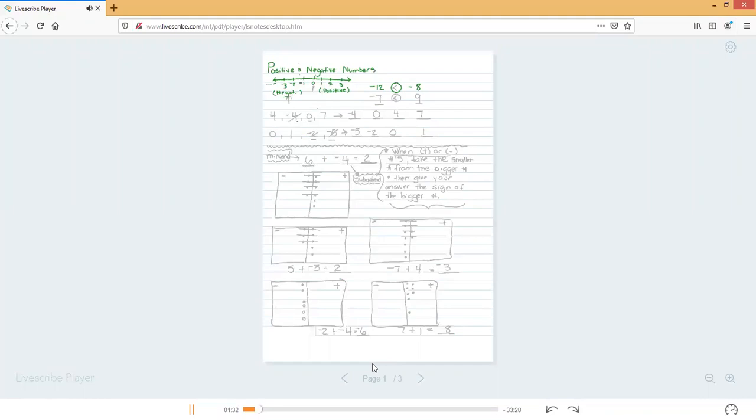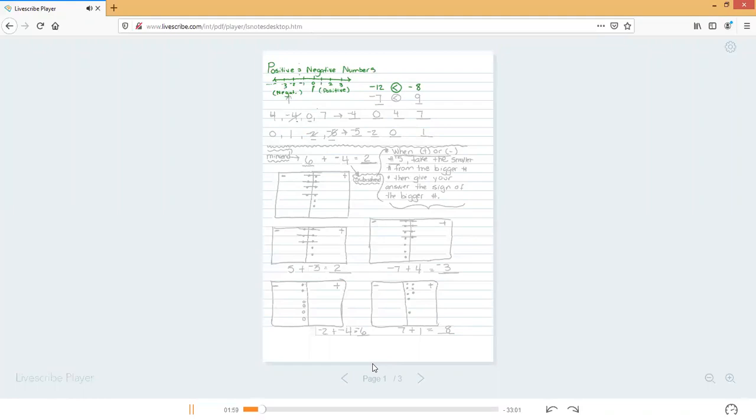So we have negative 12, which is further away from the 0 than negative 8. Therefore, negative 12 is less than negative 8 because it is further away from the 0. The more negative you are, the less friends you have. Your value is less. That's probably a really bad example, but that's one way to remember it.